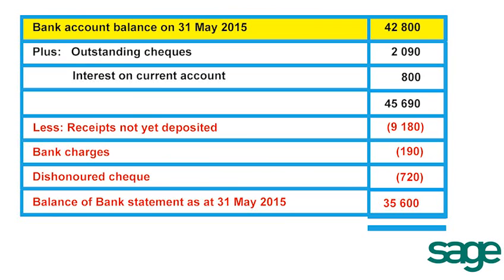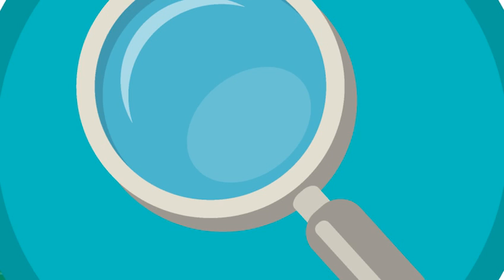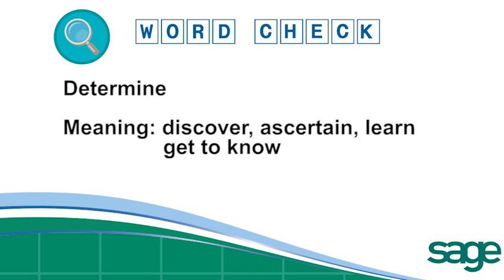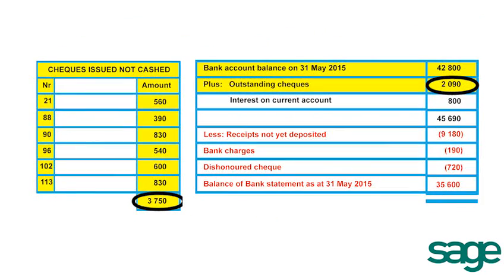Now that we've examined all the information, we can come to some conclusions and answer the questions. The first question that is asked is, determine whether the cashier has stolen any money. And if so, calculate the amount stolen and explain how the cashier tried to conceal the theft. Well, firstly, we have already noticed that the checks do not add up. The outstanding checks amounted to $3,750.